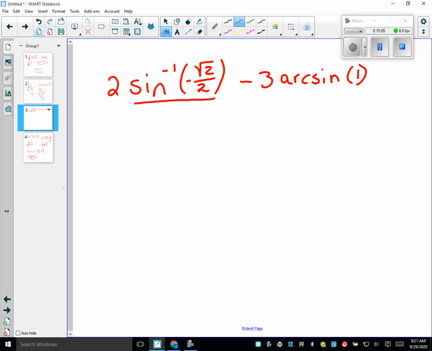Isn't sine radical 2 over 2 for pi over 4? And since it's negative, the angle has to be negative because we have to drop to quadrant 4. We agree with that? So I have 2 times negative pi over 4, right? Yes.